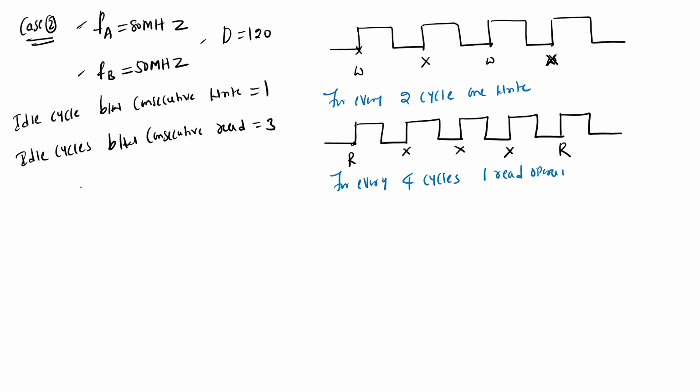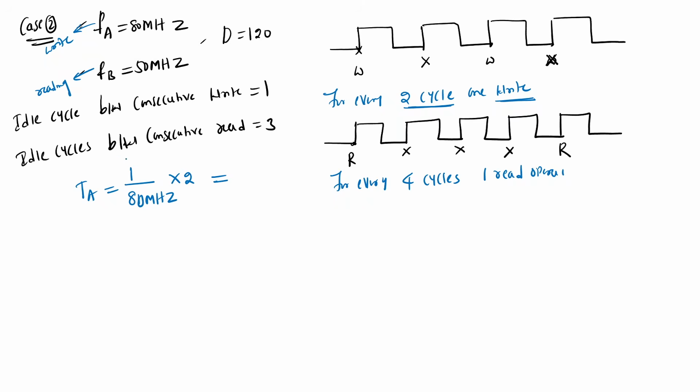So what is TA? 1 by 80 megahertz into 2, why? For every two cycles, one write operation is happening. FA is actually the writing frequency and FB is the reading frequency.